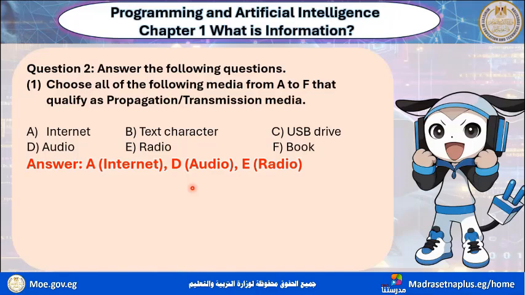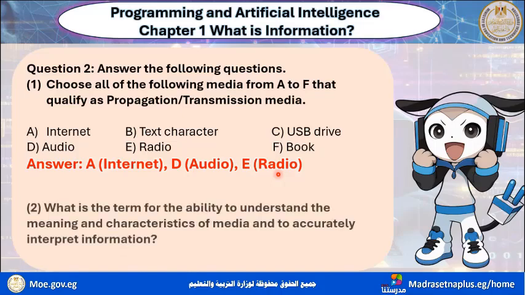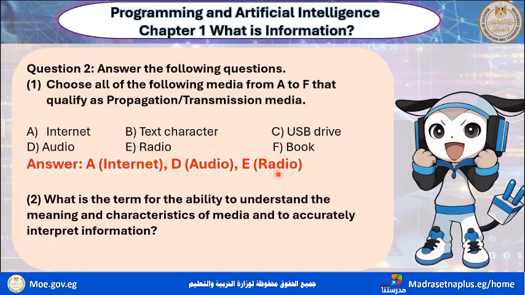So we choose internet, audio, and radio. These are transmission media or propagation. Question 2. What's a term for the ability to understand the meaning and characteristics of media and to accurately interpret information? Well, we call it media literacy.